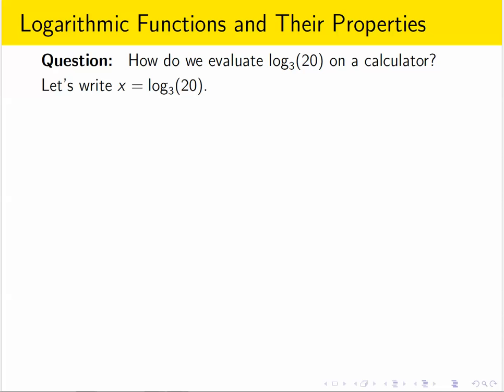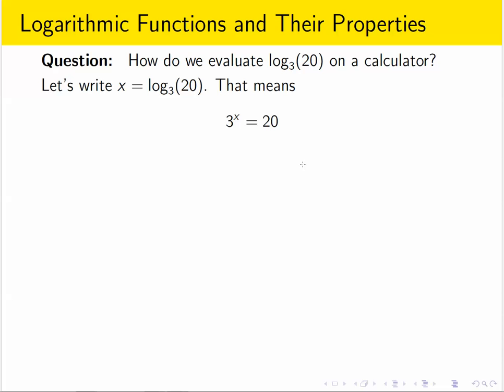First of all, let's just use the symbol x to represent the number we're trying to evaluate, log base 3 of 20. Because writing it this way will let me express this relationship in an exponential form. Log base 3 of 20 means the power of 3 that gives me 20. x is the power of 3 that gives me 20.